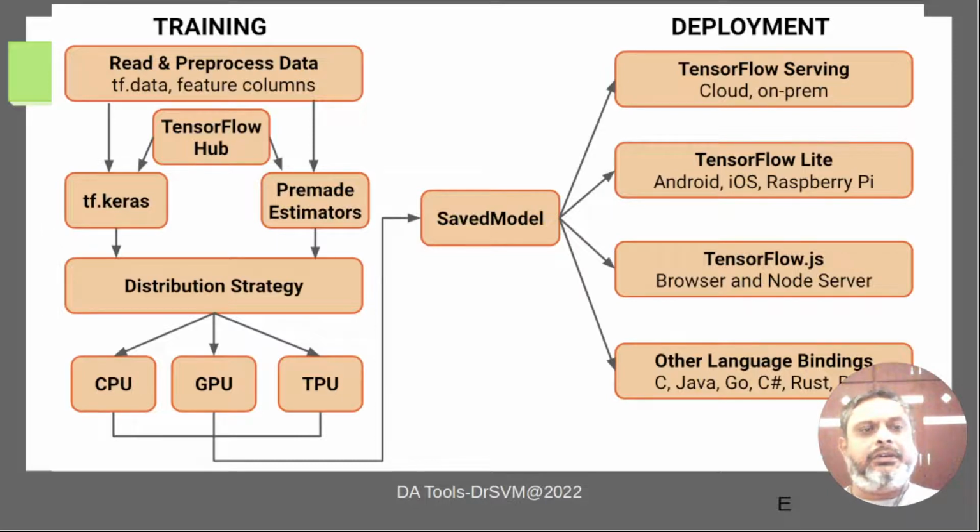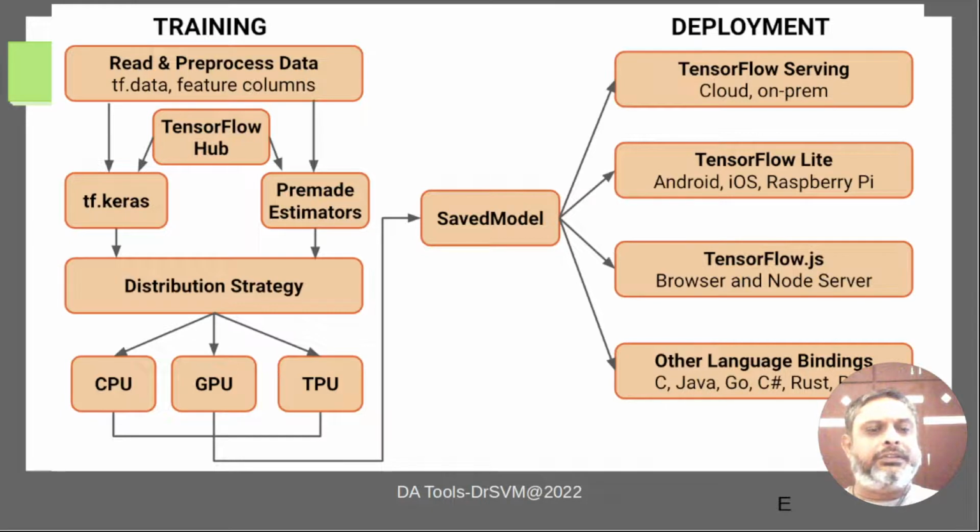So the overall TensorFlow, what all activities can we do with that? We can use TensorFlow for training as well as for deployment. Under training, we have TensorFlow Hub, which provides us Keras and pre-made estimators, which will help us in reading and pre-processing the data.